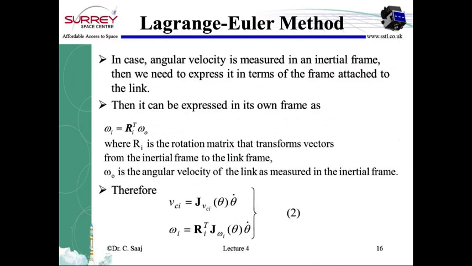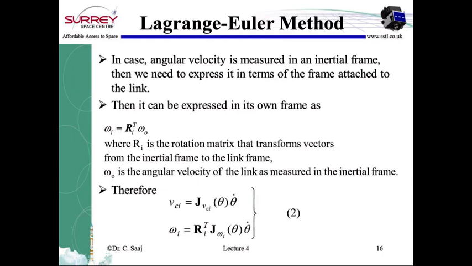In the case of space manipulators, if the angular velocity is measured with respect to the inertial frame, then of course we need to express it in terms of the frame that is attached to the link.